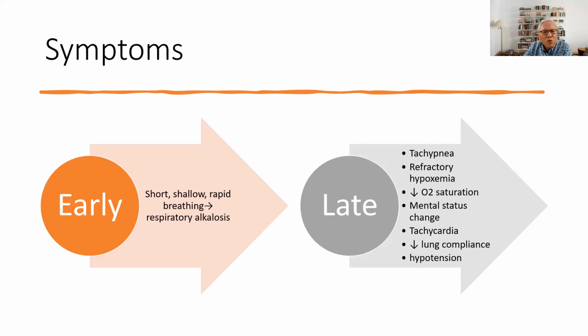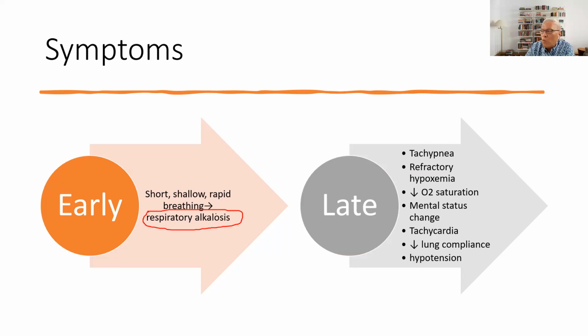So lung sounds may be normal, or you might hear a crackle here or there. But as it progresses, the patient will have difficulty breathing and will demonstrate air hunger. So there will be an increase in respiratory rate, low oxygen in the blood, and respiratory alkalosis. So remember that the early stage is going to be characterized by respiratory alkalosis.